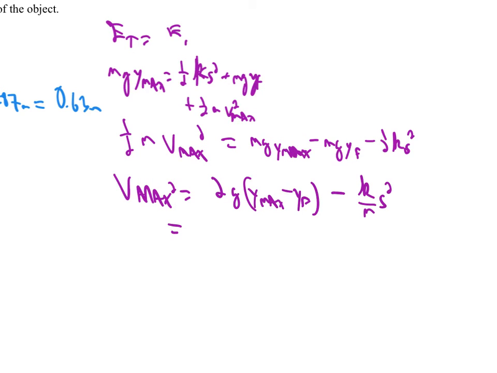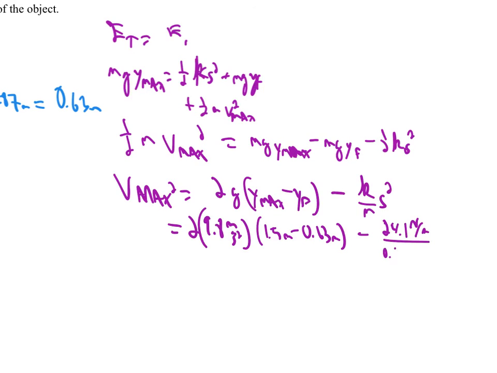So we have 2 times 9.8 meters per second squared times 1.5 meters minus 0.63 meters, minus 24.1 newtons per meter over 0.664 kilograms times the stretch, which we said was 0.27 meters, squared. You might note, I really kind of went a little redundant here.